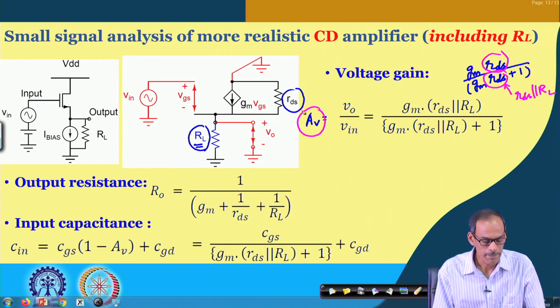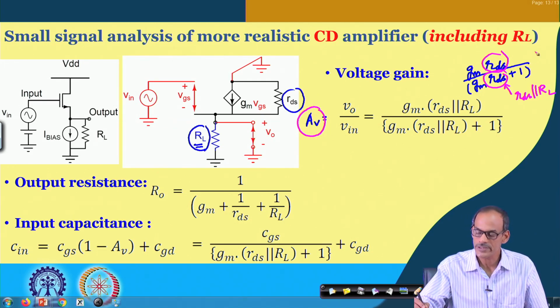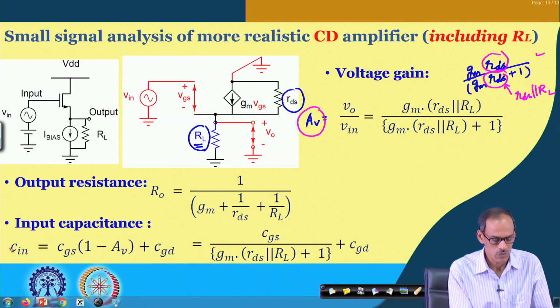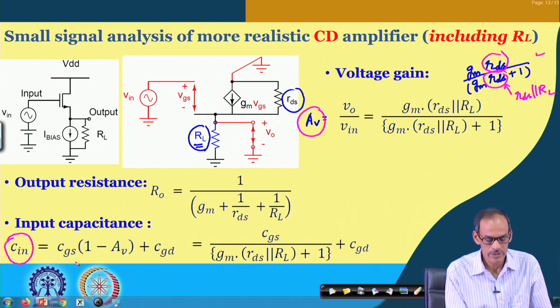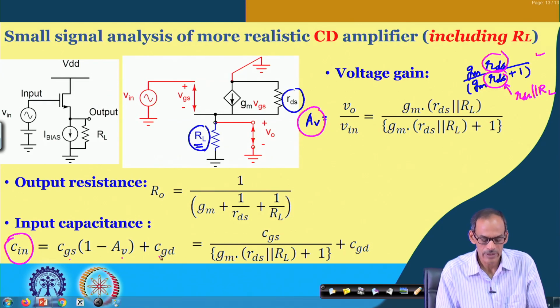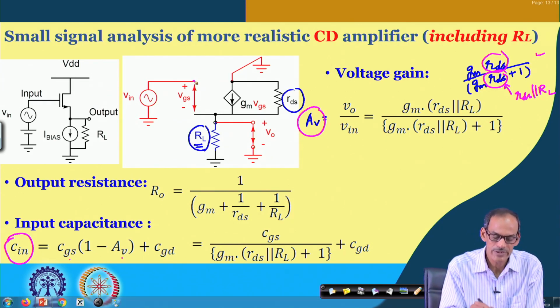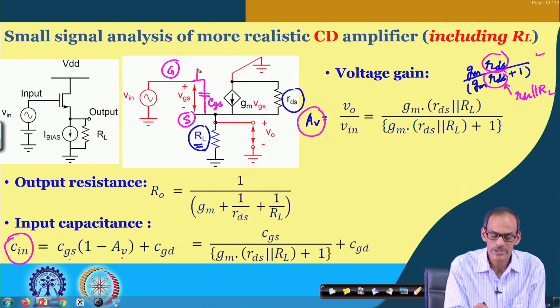Likewise, if I use this expression to find the input capacitance, its expression is CGS multiplied by 1 minus voltage gain, plus CGD, where CGS is the capacitance from gate to source, and likewise we have the CGD, gate to drain.